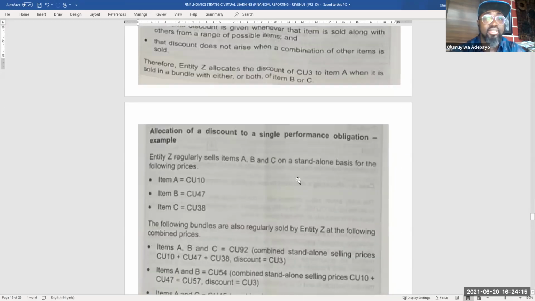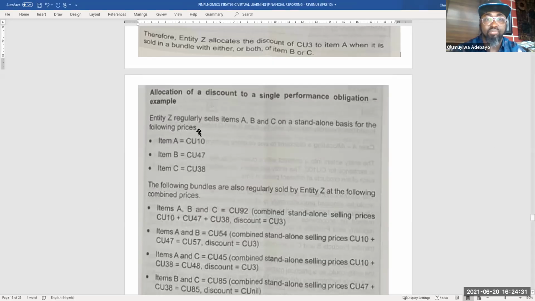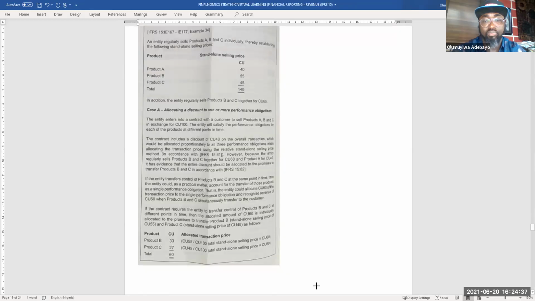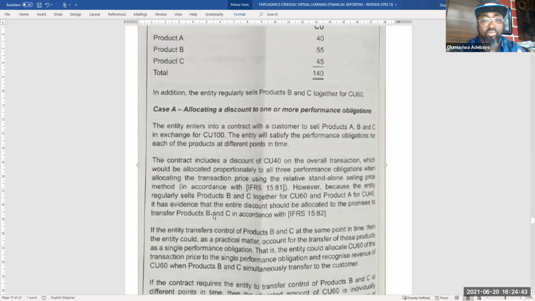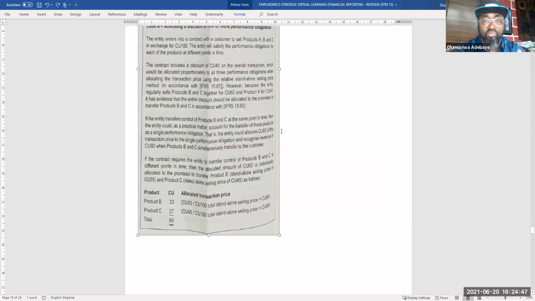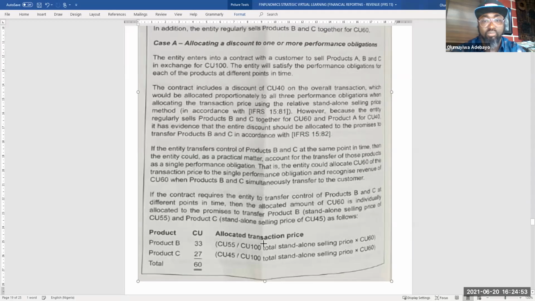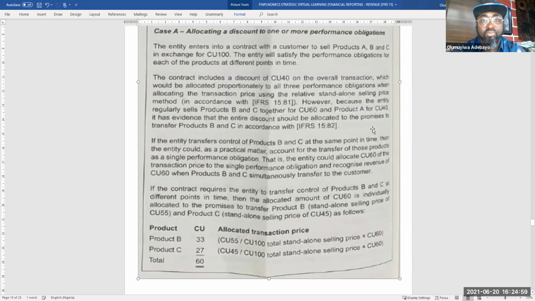Now, let's look at each case of those scenarios. Okay, can you proceed? Okay, sir.